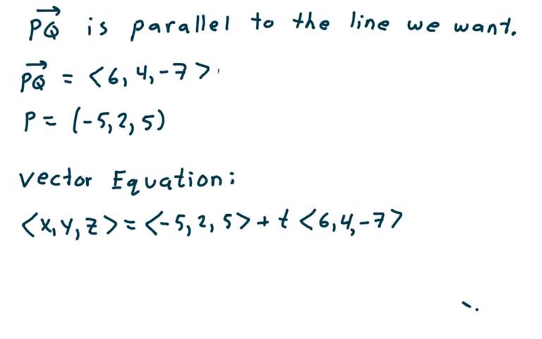So I'm going to add t times the vector <6, 4, -7>. The first piece is the position vector of the point. The second piece is t times the vector that runs parallel to the line. This is called the vector form for the equation of a line.